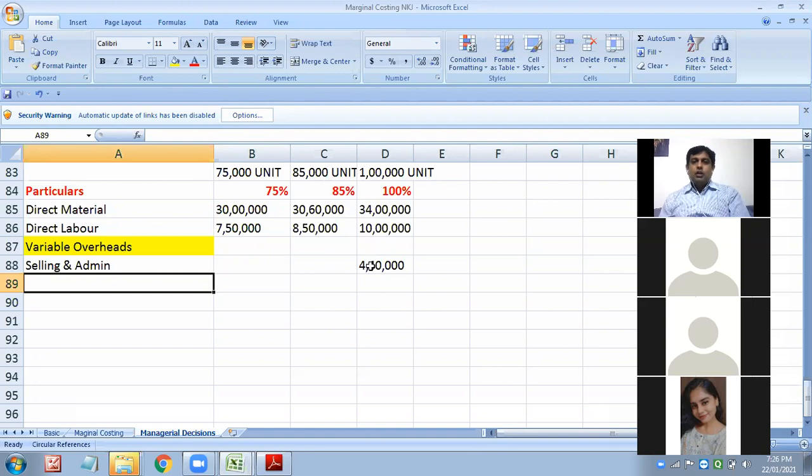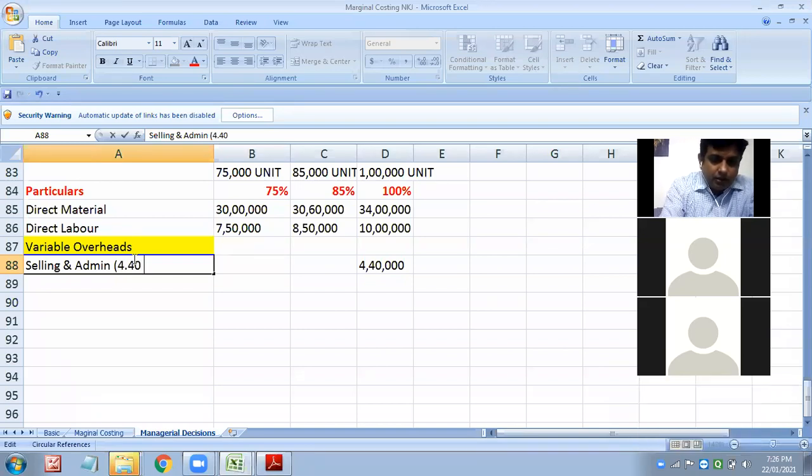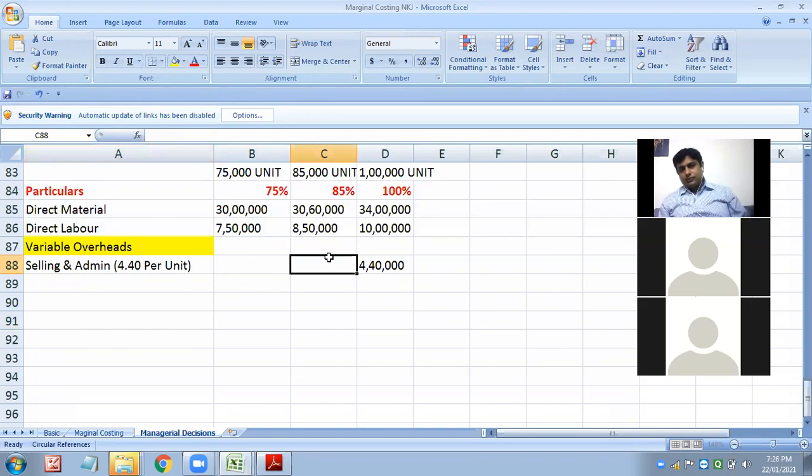Sir, it will reduce, and it will be 4 rupees 40 paise per unit. Multiply 4 rupees 40 paise into 85,000. So do it and get me the answer. 4 rupees 40 paise into 75,000.